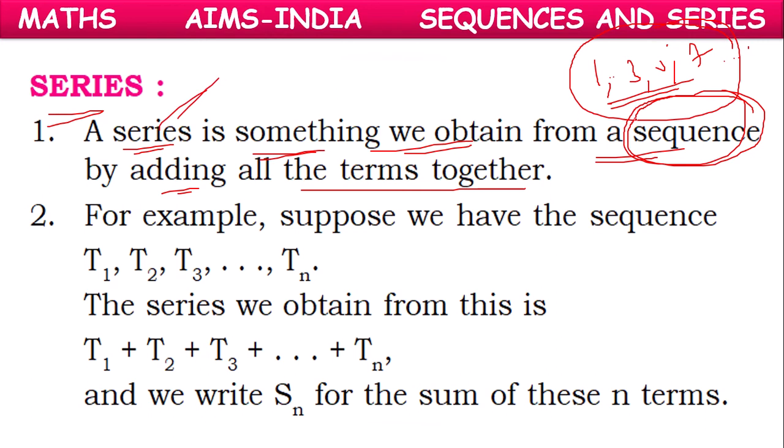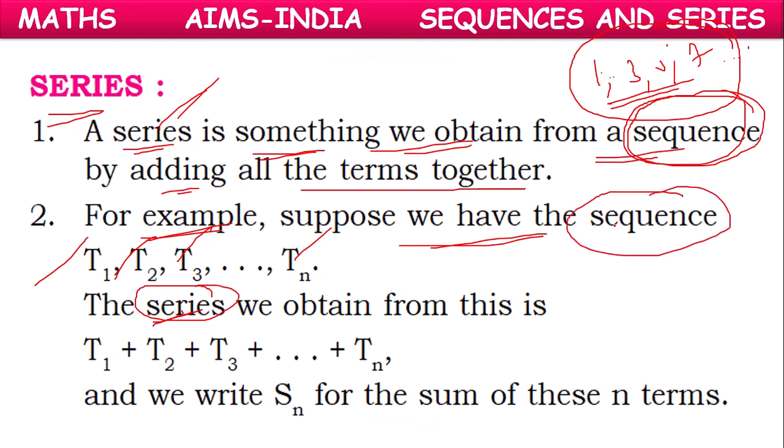So normally the terms in the sequence are represented by T1, T2, T3, Tn. For example, suppose we have the sequence T1, T2, T3 and so on up to Tn. Then the series obtained from this sequence is the sum of all the terms.